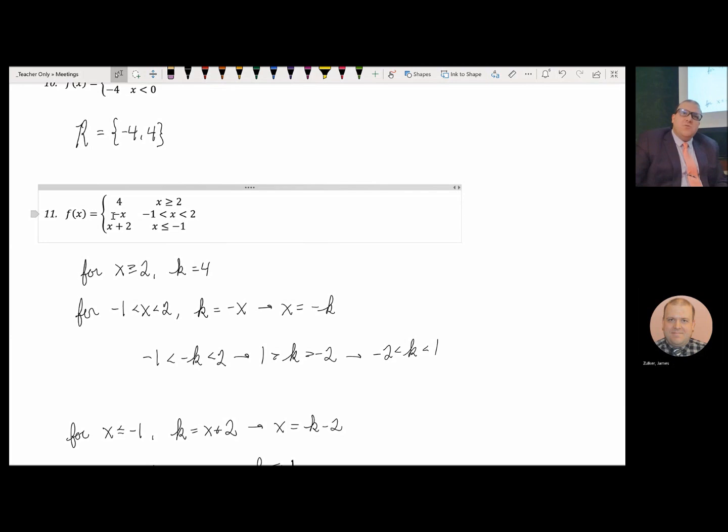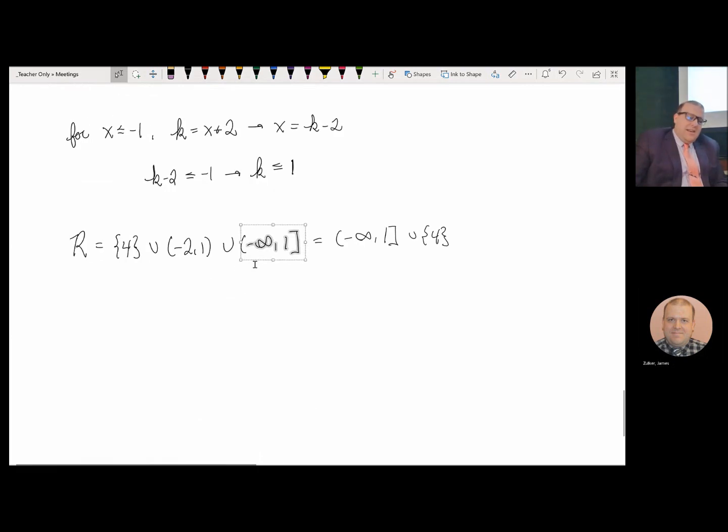I'm not doing intersection, I'm doing union. -2 is included in this interval, so it'd be in their union. Really, that middle piece is unnecessary. It's redundant, contained within that interval. So the union of those would just be -infinity to 1. If we left the -2 and 1 in as our answer, you'd lose some points for not simplifying.